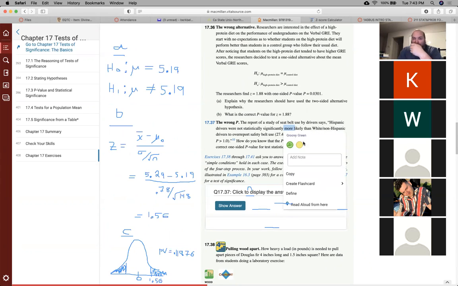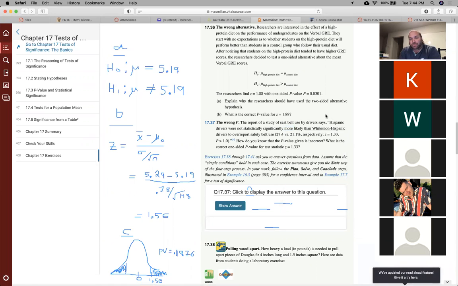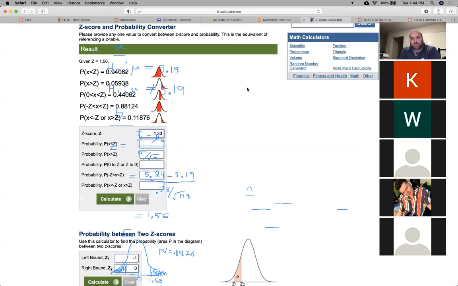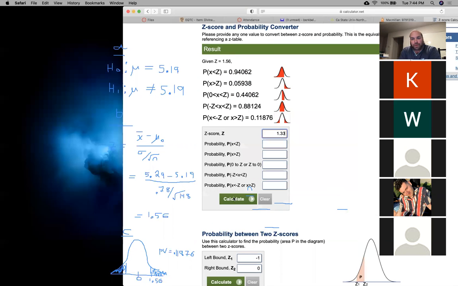We're testing whether it's more likely. So that would be the second one. That gives me a p-value of 0.09.